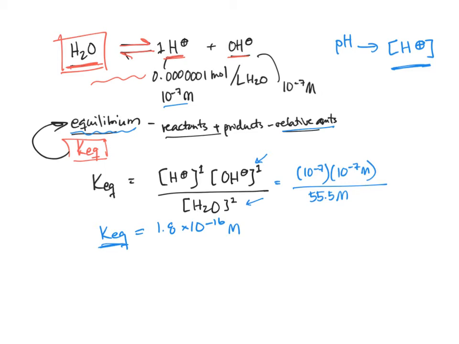You can see that this number is very, very small, and that makes sense because we had so much water to begin with and very little of each of these 2 products, proton and hydroxide. This Keq is very small because the numerator is very small.